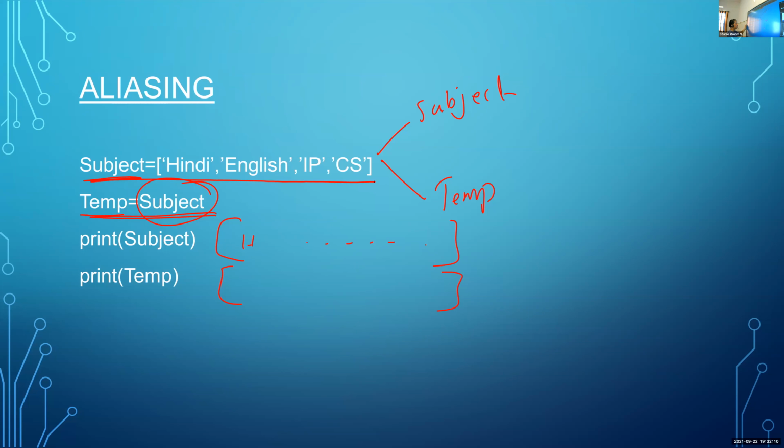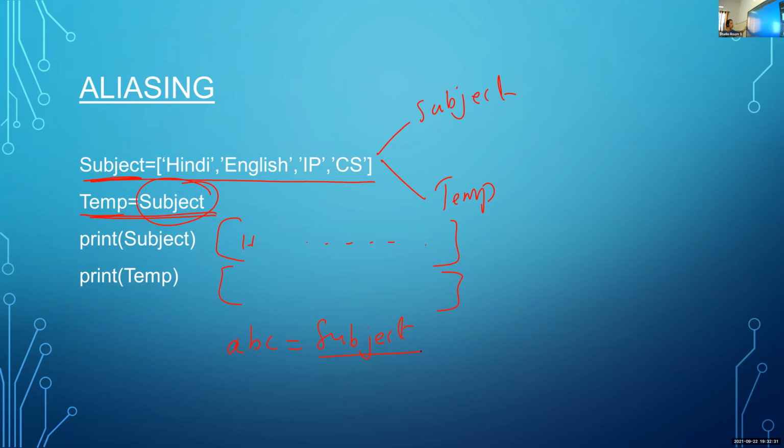If I want to give another name, that is ABC, for this subject, how do we write the statement? ABC is equal to subject. Here, what is the meaning? I'm giving a new name or alternate name ABC for this subject.